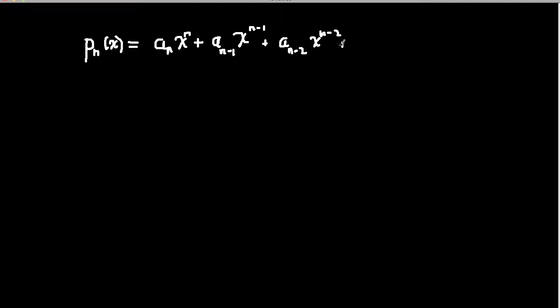And then we keep on going all the way down, n minus 3, n minus 4, and so on, until we get a sub 1 times x, and then a constant, which I'll call a sub 0. Okay, so this is the general form of an nth degree polynomial.